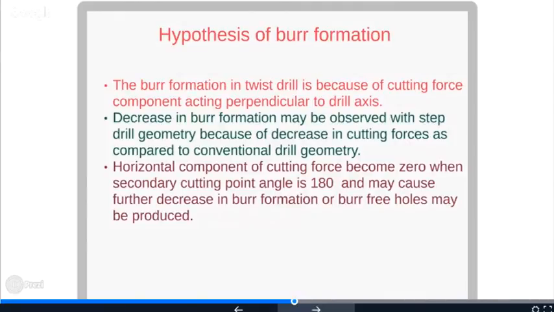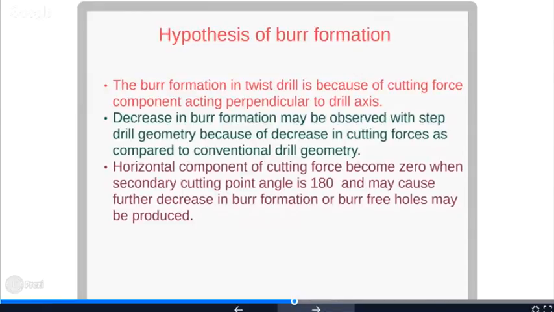Then the horizontal component of drill force becomes zero when the secondary cutting point angle is 180 degree. If by some means I make this horizontal component zero, then I suppose there will be no burr formation because no bending will be there, and it may cause a further decrease in burr formation, or burr-free holes may be produced. Right, that is my hypothesis.